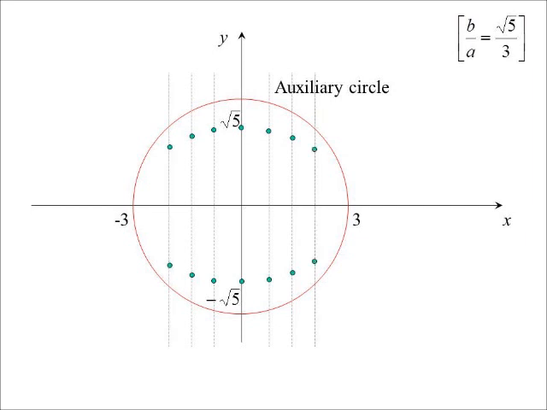Draw another vertical line in, root 5 on 3, and voila, there would be the ellipse that fits into those dots. So that's how you can draw a really accurate ellipse. Now I'm not suggesting you do that in a test when they simply say, draw the ellipse, but that's how you would do an accurate one.